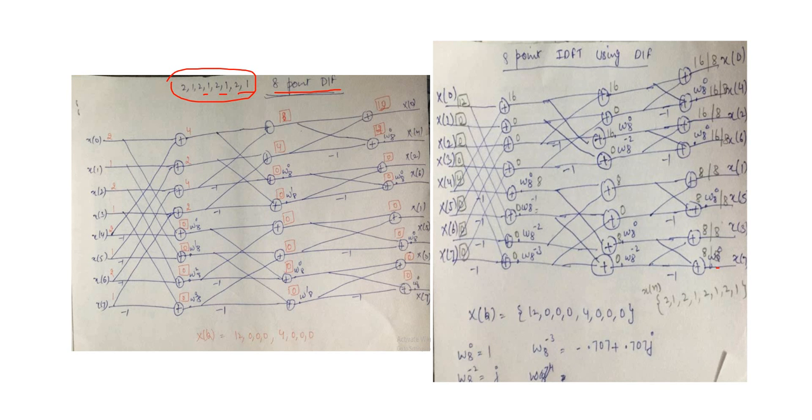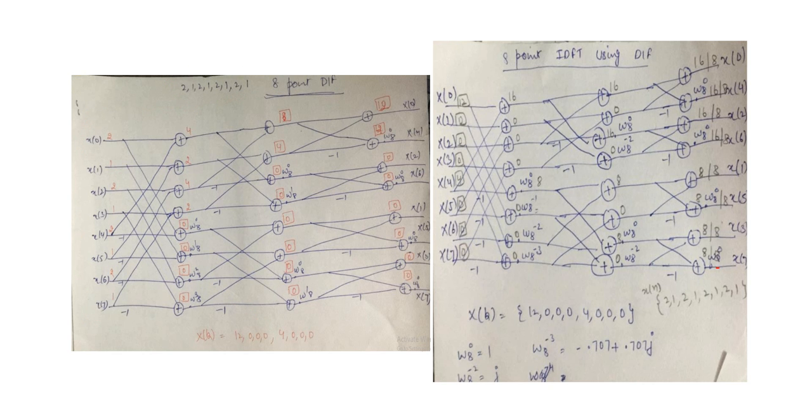As we know, in the decimation in frequency algorithm, you have to write the sequence in sequential order. So I write here 2 1 2 1 2 1 2 1 in sequential order. Then according to the diagram, process this sequence.